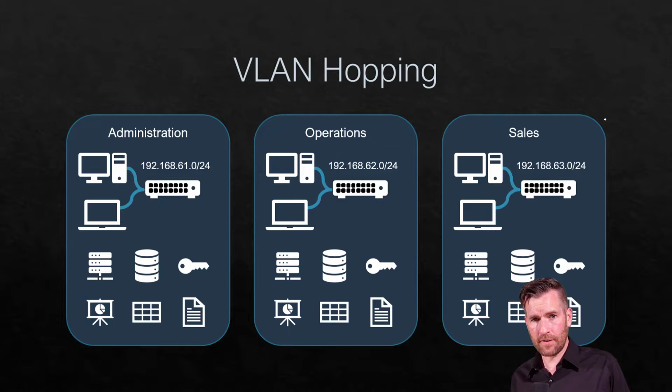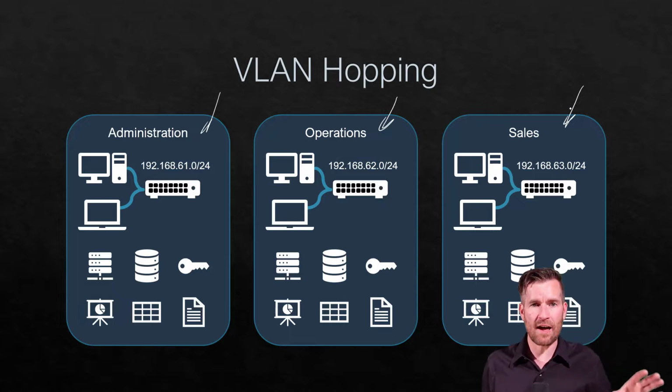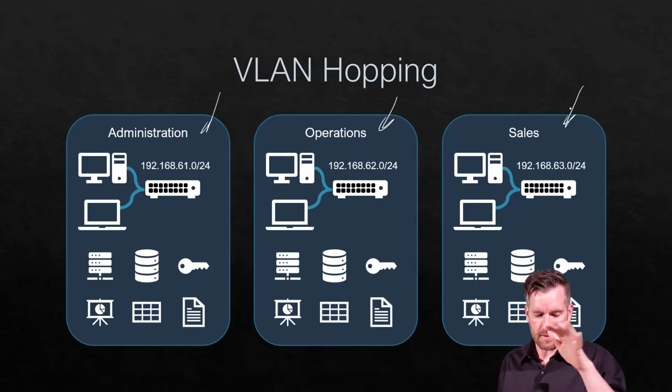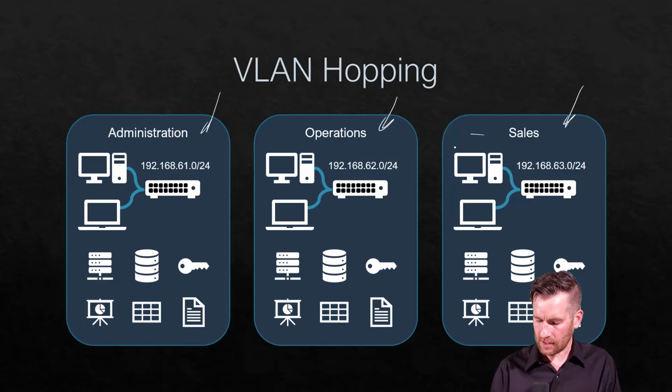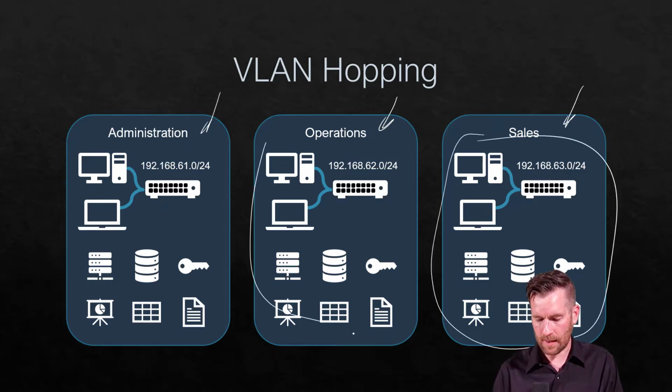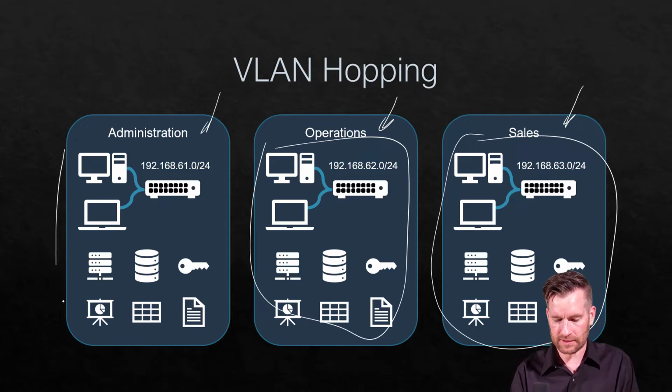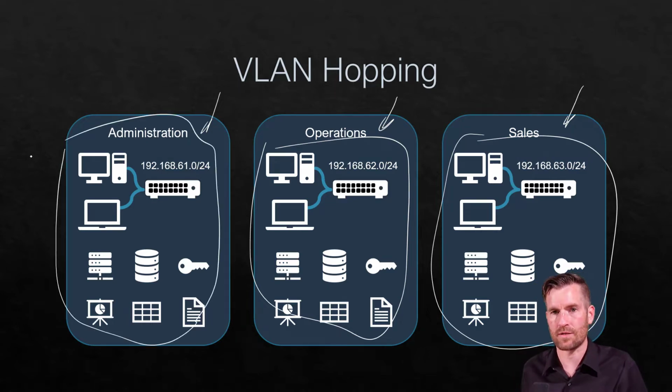In one of my prior videos, we talked about segmenting your networks for security purposes, splitting up the traffic for your different operations, your different departments, so that way sales has access to their resources, operations have access to their resources, and administration has access to their resources.